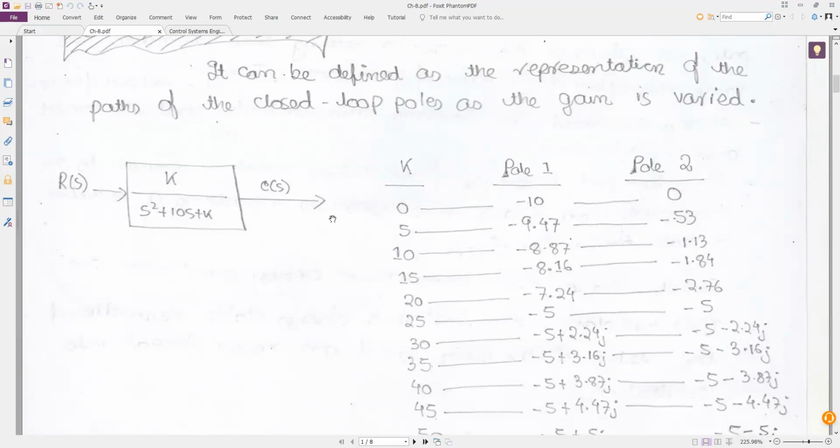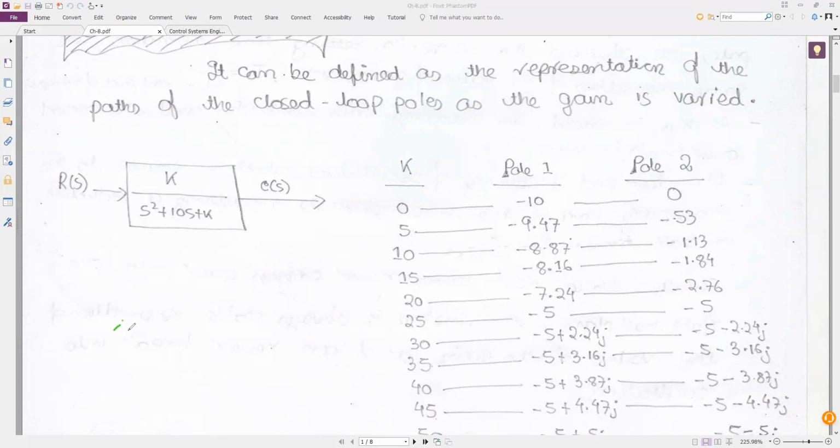If we put the value 0 here, if K is 0, then the poles would be -10 and 0. Two poles would be there. You understand how it comes.